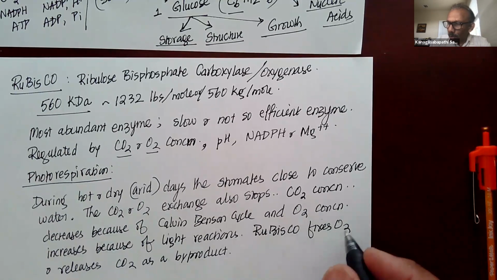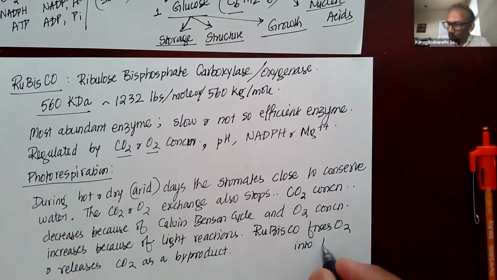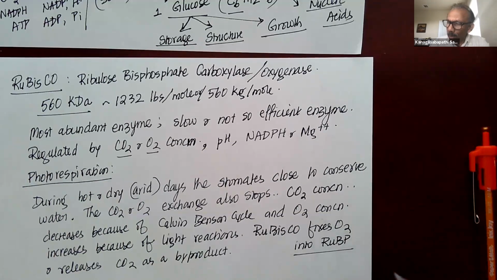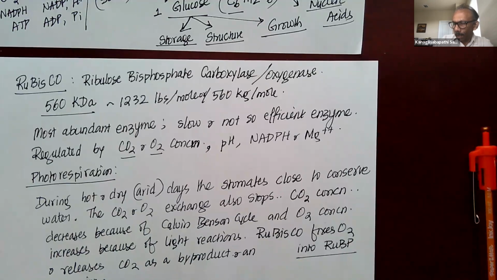So it uses RUBP, releases CO2 as a byproduct, and an amino acid is formed. These are all part of the photorespiration process. It is considered a necessary evil.